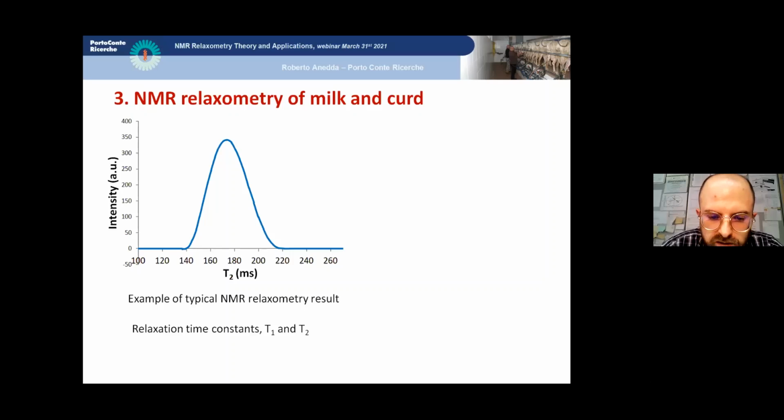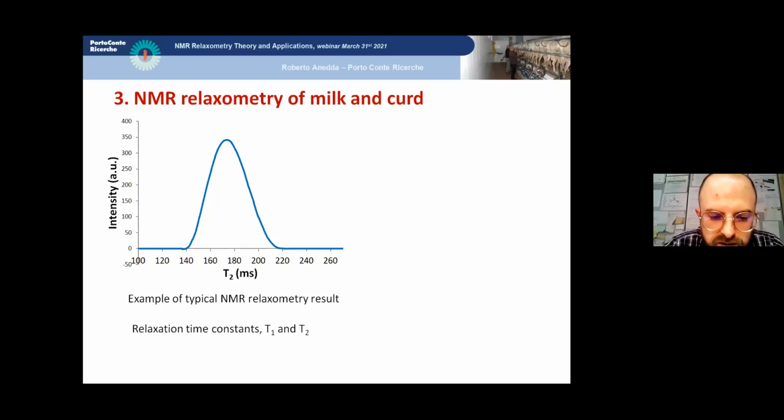In NMR relaxometry, mainly two experimental parameters describe the system dynamics, which are T1 and T2. They are called relaxation time constants and derive from the exponential fitting of the NMR signal decay. Fitting can be mono-exponential and give rise to a single peak, as in this graph, or multi-exponential and lead to more than one peak, mainly depending on molecular mobility.